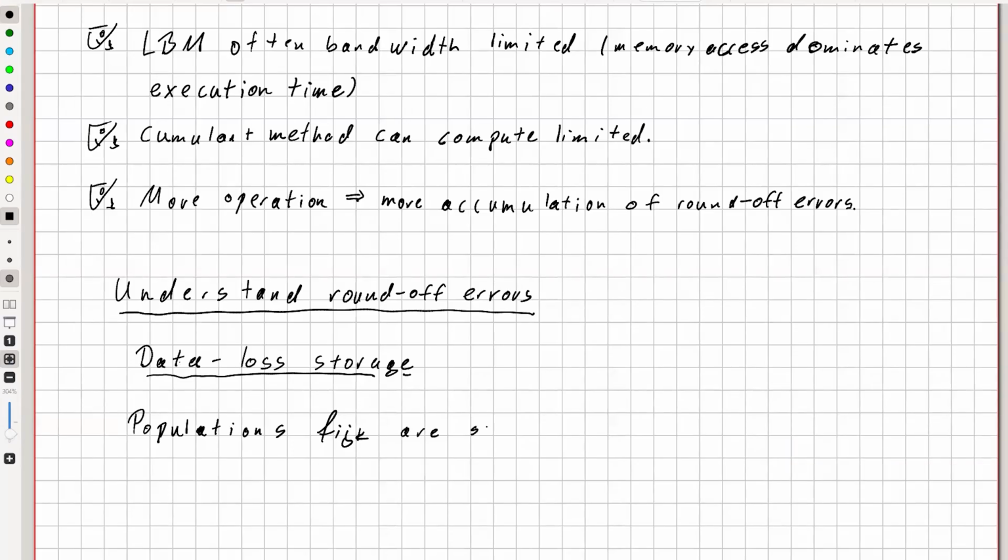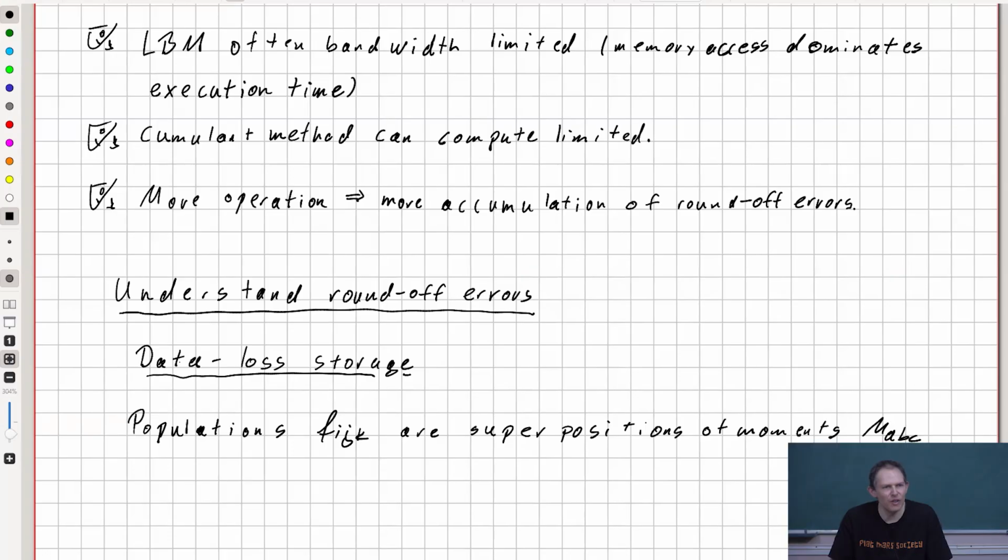They are superpositions of moments M_abc. They are also a combination of cumulants, but I'm now using raw moments to indicate that they are actually simple superpositions, so simple sums of them. For cumulants, it would be a more complicated function, but here each population is a weighted sum over all the moments, right?